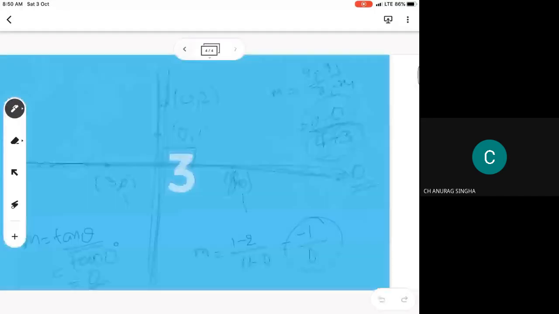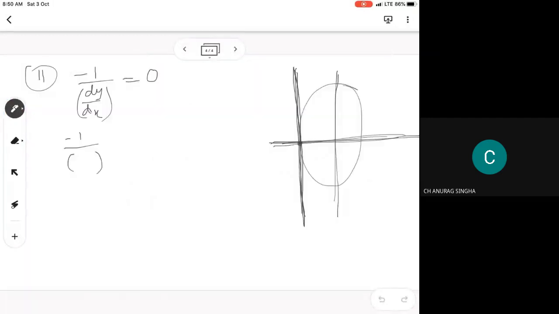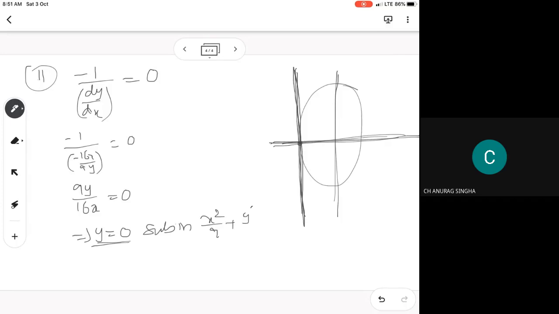Minus 16x by 9y. So you substitute: minus 16x by 9y is equal to 0. From this you get y equal to 0. Substitute this in the equation of the curve, x square by 9 plus y square by 16 is equal to 1.